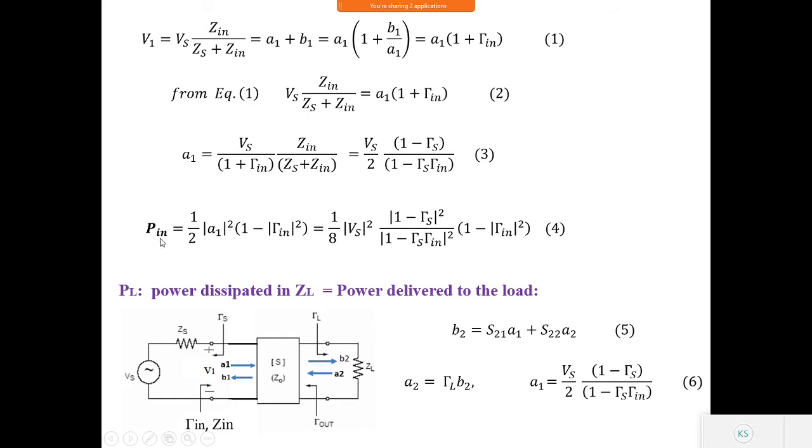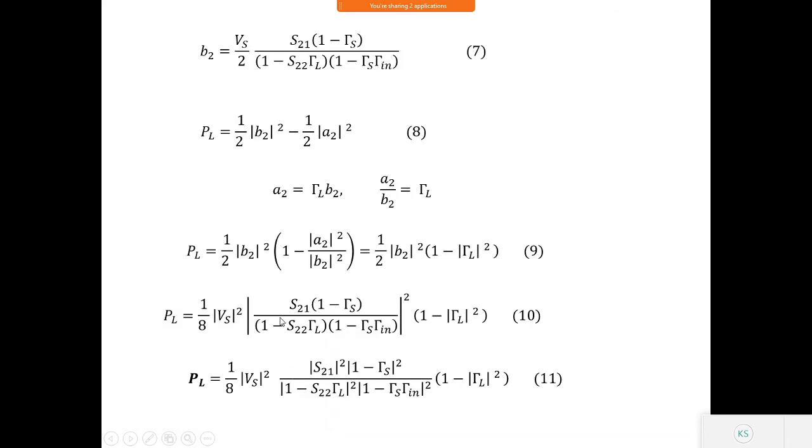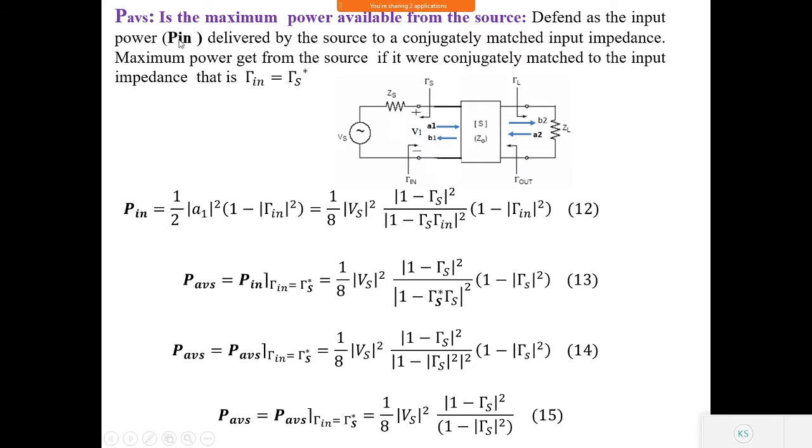That is P_in, the input power to the network, but under the matched condition, Γ_s is the complex conjugate of Γ_in. In such a case, what is the P_in delivered to the network? That is called P_AVS. What is P_AVS?